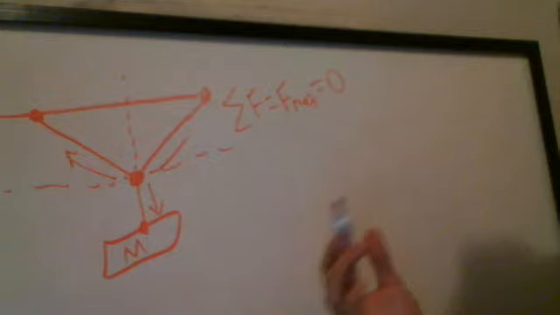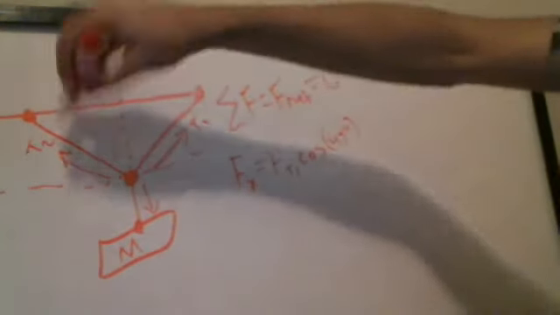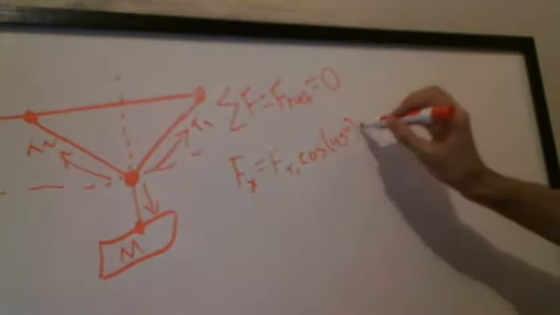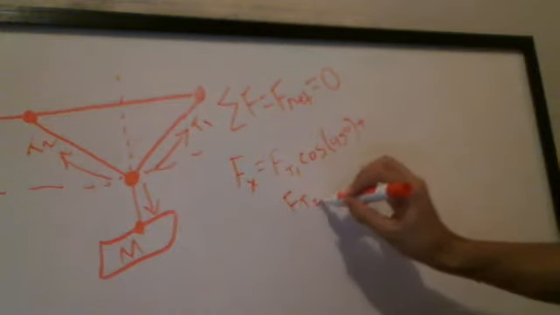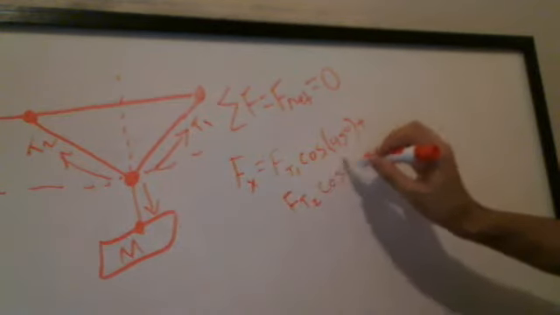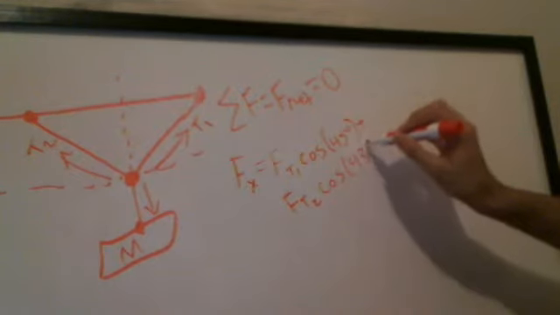I'm saying the angle that it is at, oh my lord, why did that pop up? Is at 45 degrees, plus the other x, this one right here, plus force of tension 2 cosine of 43 degrees.